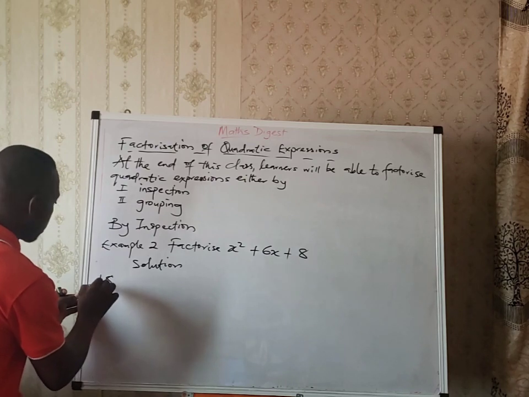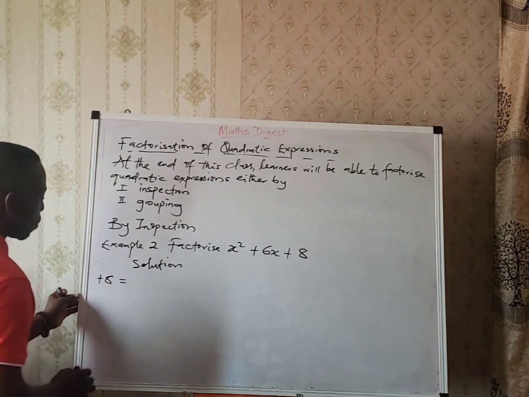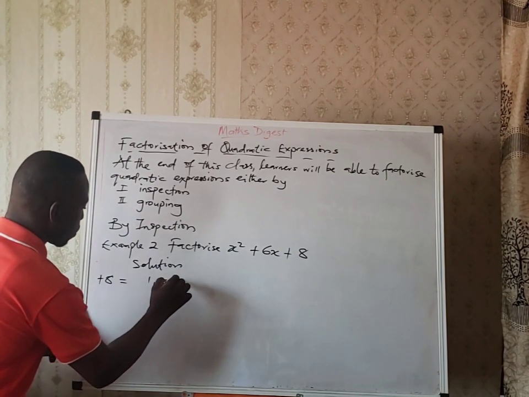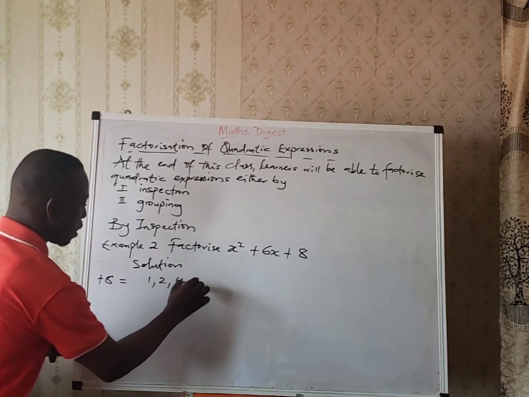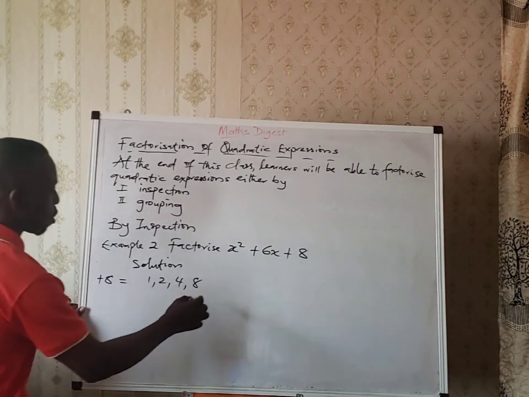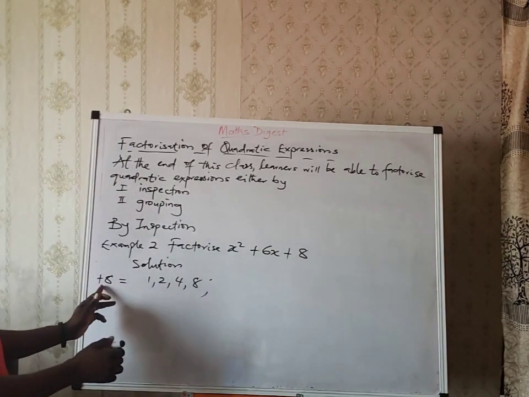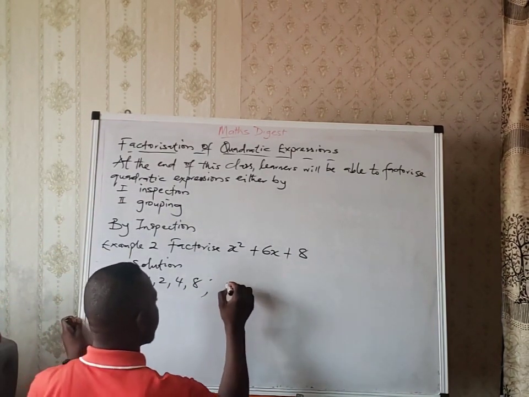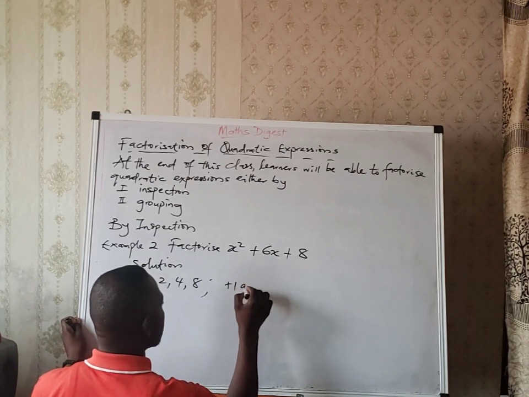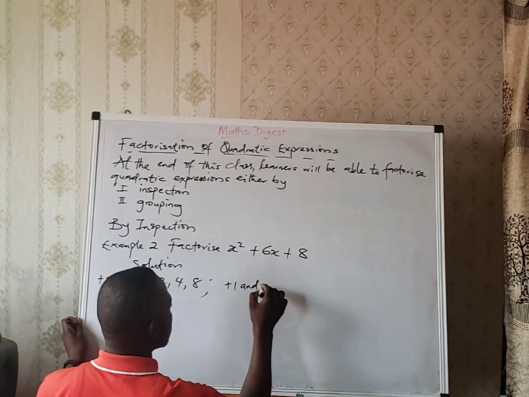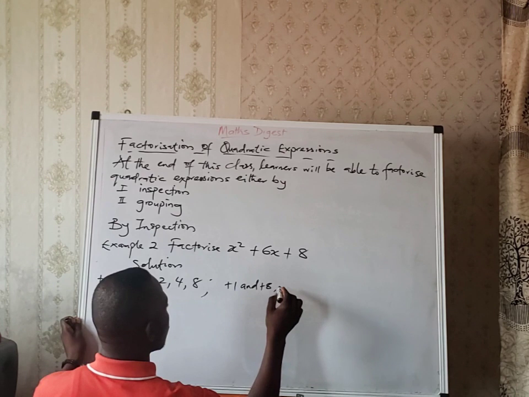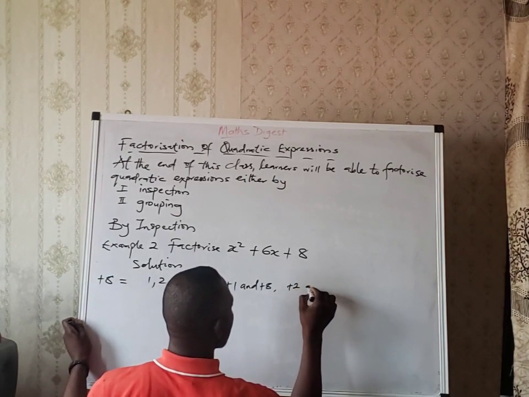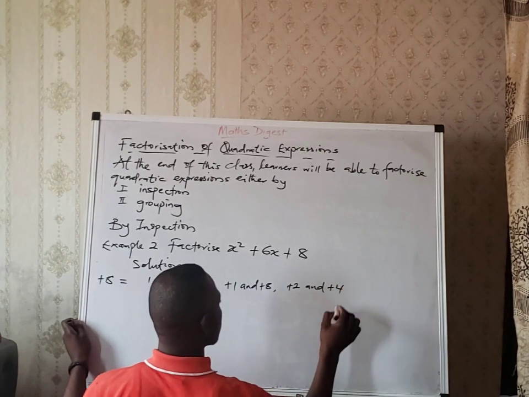Factors of plus 8. And factors of this can be 1, 2, 4, and 8 itself. Now we look for the combination that will give us plus 8 when multiplied. We can have plus 1 and plus 8, we can have plus 2 and plus 4.